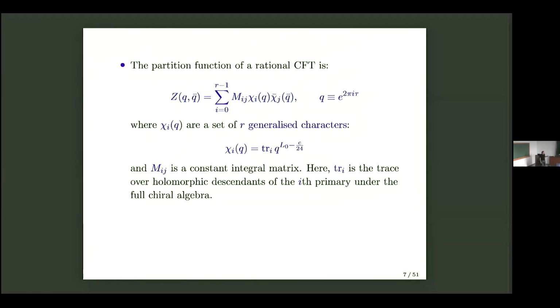Okay, so the partition function of a rational CFT is a bilinear combination of characters. The way to think of that is chi_i of q is the sum over only holomorphic descendants of the ith primary. Although only L0 appears here, the trace is actually taken over descendants under the full chiral algebra.